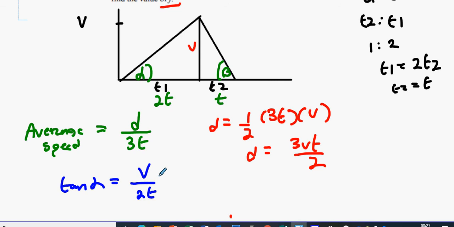So tan alpha is v over t2. And what is v over t2? What is the acceleration? The acceleration is f. Okay? So now we have a direct substitute for v, because we might not want v in our answer. So we can now say v equals 2ft. Is that all right with you guys?